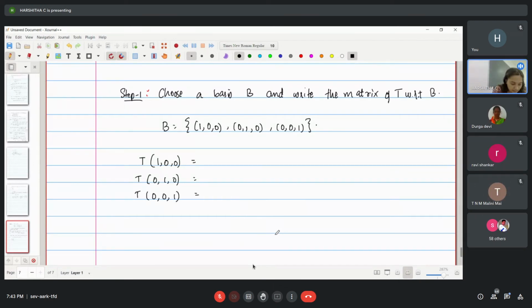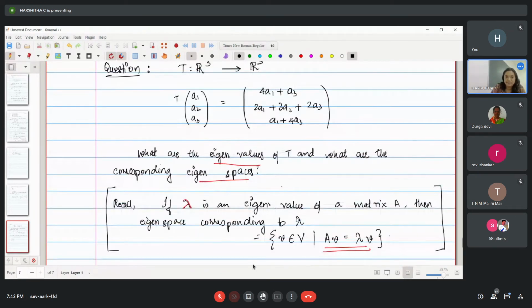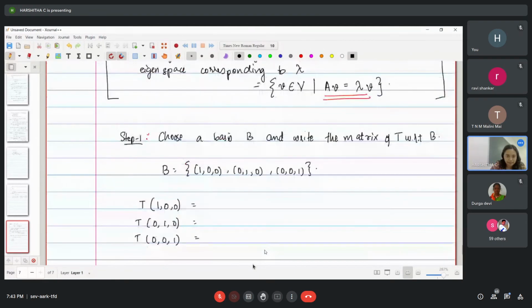The map is given by T of (A1, A2, A3), you can just note it down somewhere. So we'll compute this for E1, E2, E3.